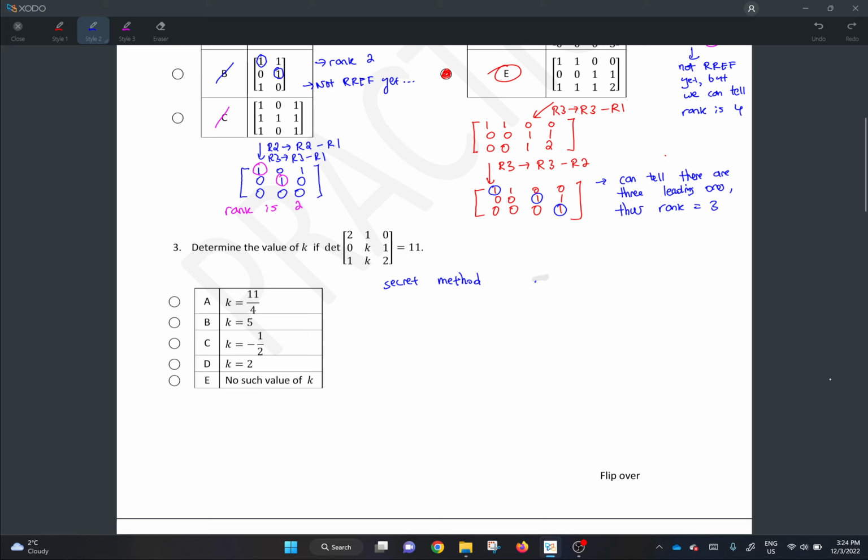It's not really that close to triangular, so I'm not going to do that. Secret method, I'll do that. Super lazy method. But again, it's not necessarily the fastest. Someone could probably finish this 3 times using a faster method in the time it takes me to do this.